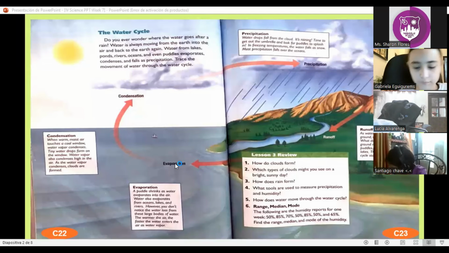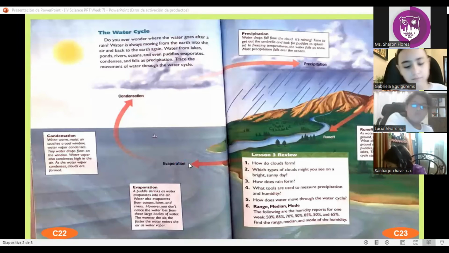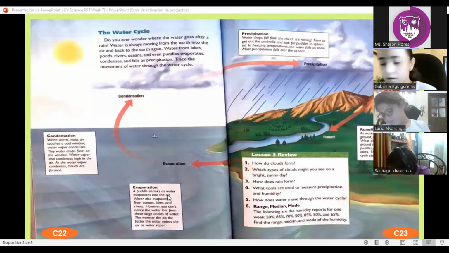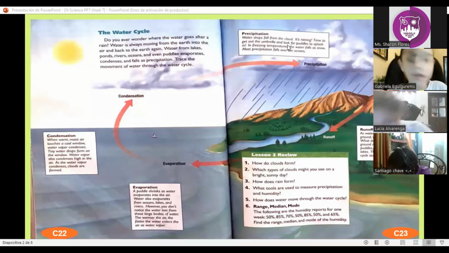Then we go to evaporation. Volunteer for reading the evaporation cycle. Teacher, I want to read evaporation. Okay, Joshua, read evaporation, please. Evaporation: a puddle shrinks as water evaporates into the air.